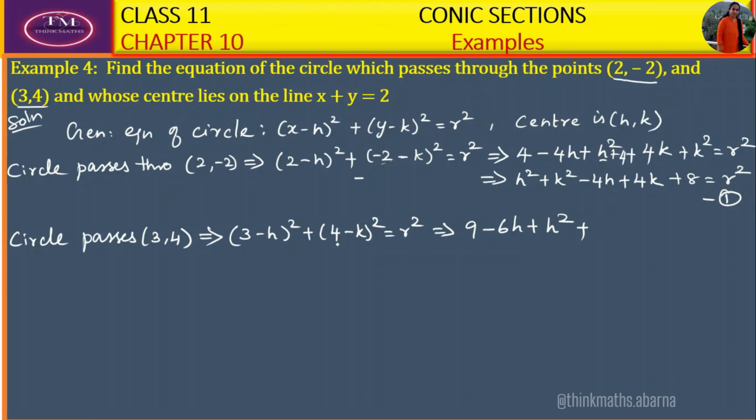In the same way, expanding this, it is 16 minus 2 into 4 into k, so it is 8k plus k square equal to r square. So you have h square plus k square, then minus 6h, then minus 8k, 9 plus 16, it is 25. So plus 25 equal to r square. So this is the second equation.